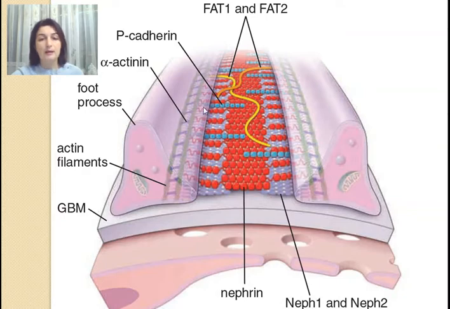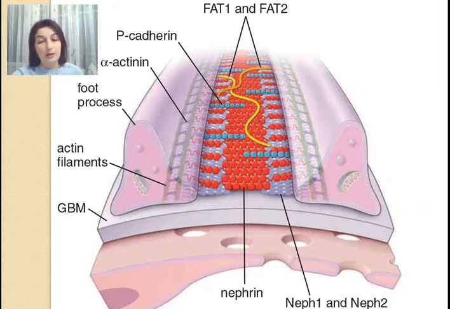We can see here that between pedicels we have a diaphragm, and this diaphragm has small openings, and it is formed by specialized proteins. We can see here P-cadherin, alpha-actinin, which is present on the side of the pedicel. Also, there are nephrin proteins. Genetic mutations of the nephrin protein may lead to very dangerous consequences in the filtration process.